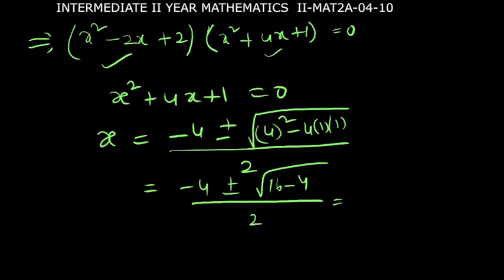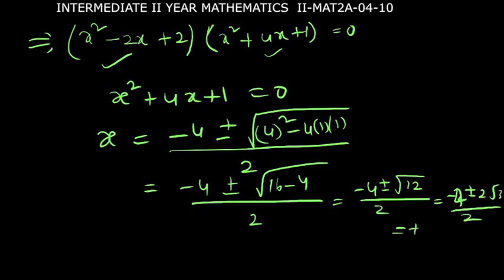This is equal to minus 4 plus or minus root 12 by 2. This is equal to minus 4 plus or minus 2 root 3 by 2, which is minus 2 plus or minus root 3.